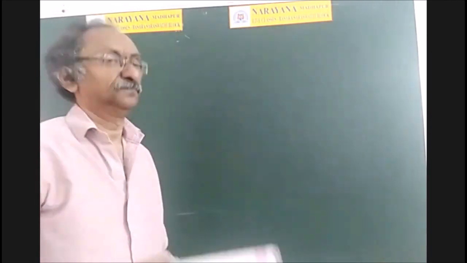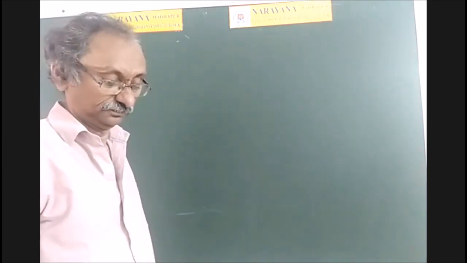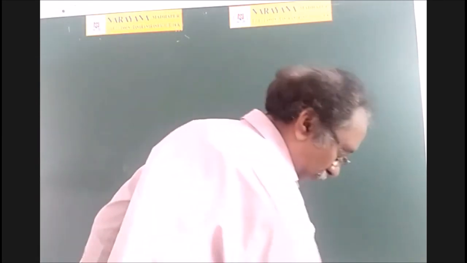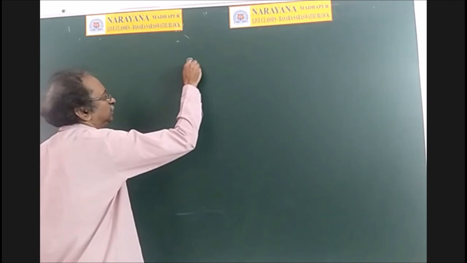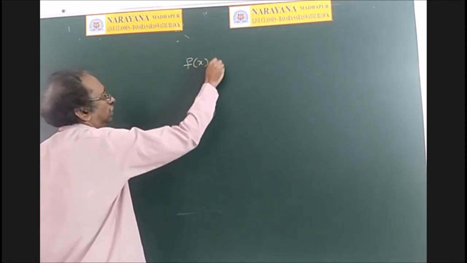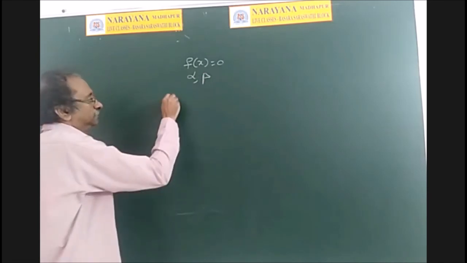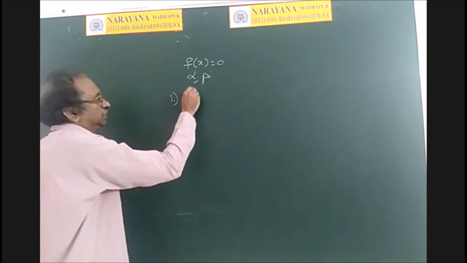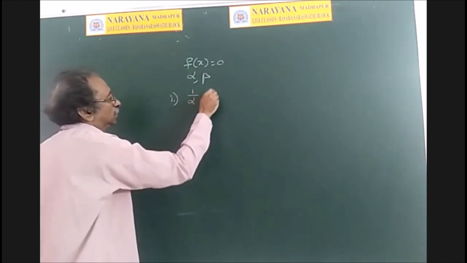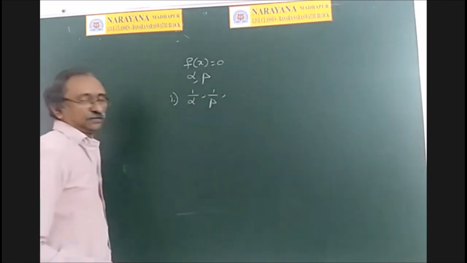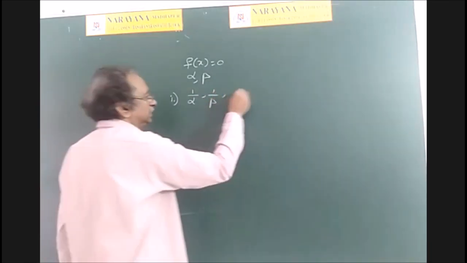So see, I can do a problem now. As in the previous quadratic equations chapter, suppose f(x) is equal to 0. If the roots are alpha, beta, then the quadratic equation whose roots are 1 by alpha, 1 by beta, how to get this equation?